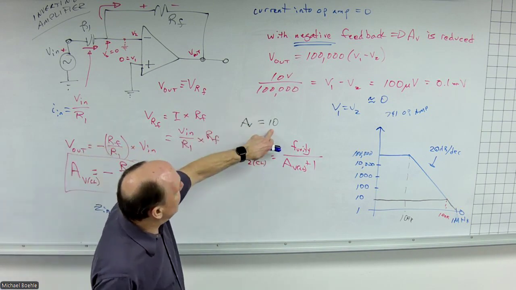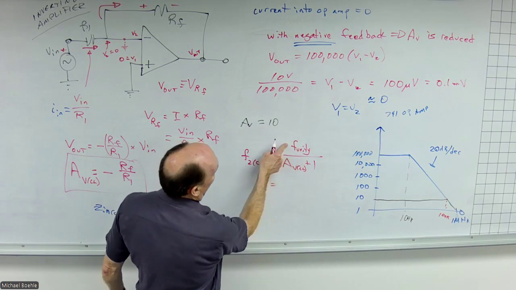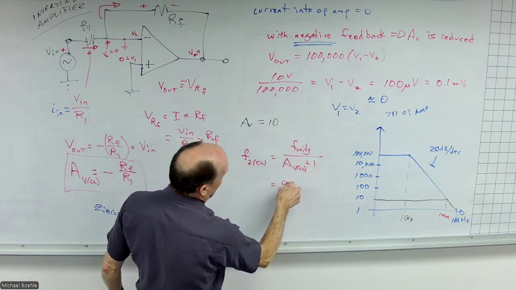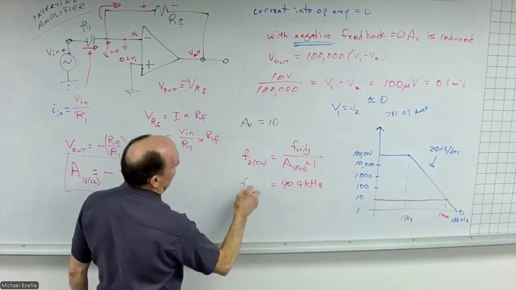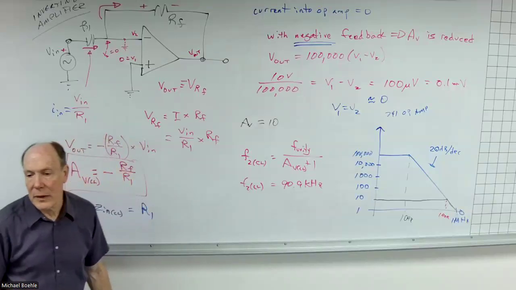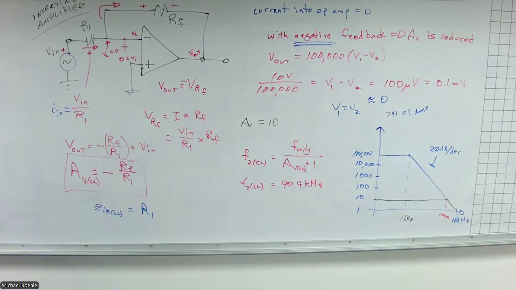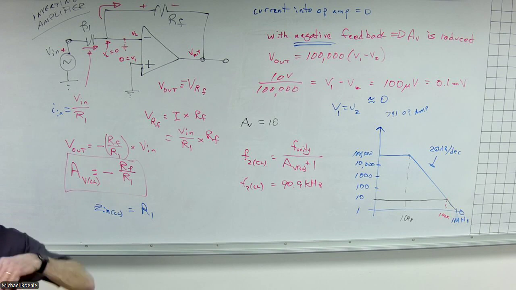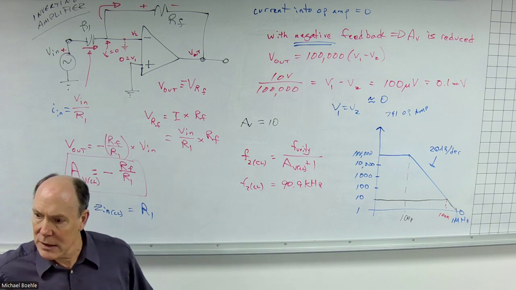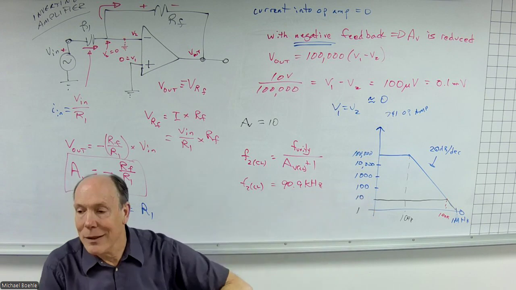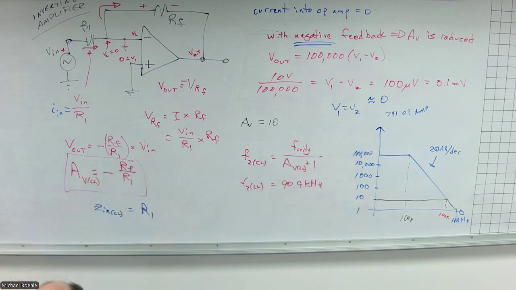So in my example here, 10, this would actually be 1 million divided by 11, which would be 90.9 kilohertz instead of the 100K that I approximated. Pretty close, not much difference. And the higher your gain is, the less that plus 1 affects things. So even though the op amp itself has an upper cutoff frequency of 10 hertz, that's because of the 100,000 gain. If I reduce the gain of my circuit, the upper cutoff frequency goes up.